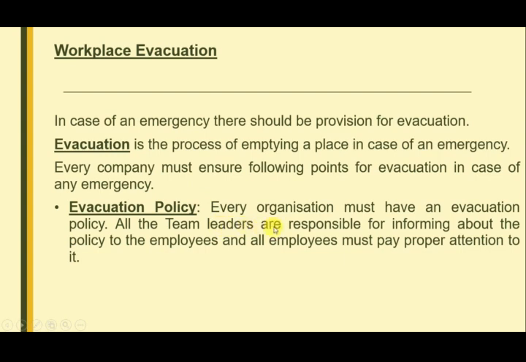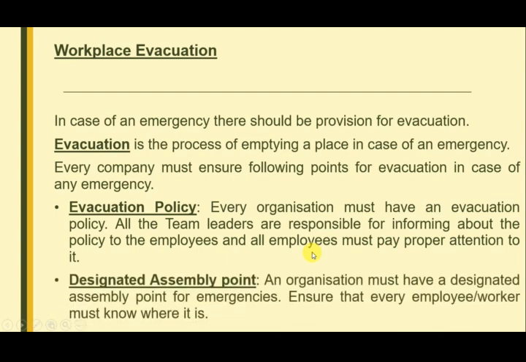Team leaders are responsible for informing the policy to the employees, and all the employees, whether new or old, should pay proper attention to such policies, because emergencies don't come planned. They are unexpected situations.